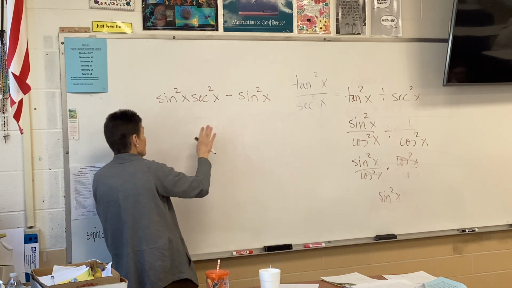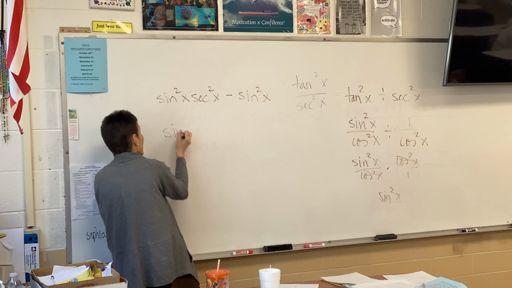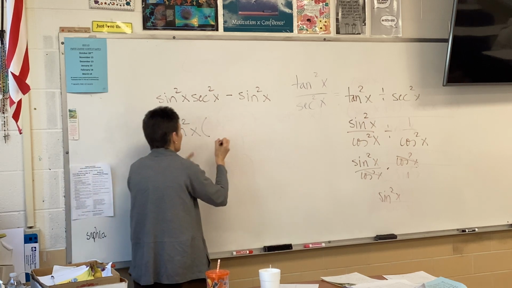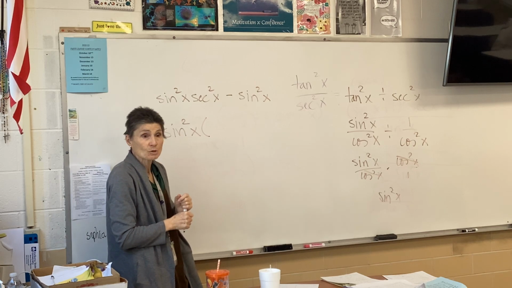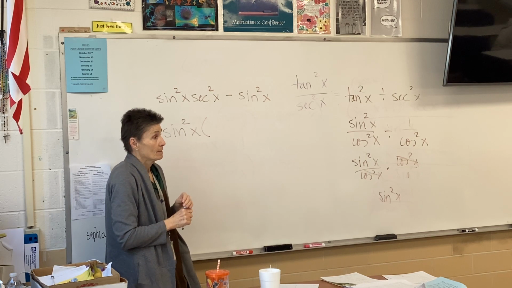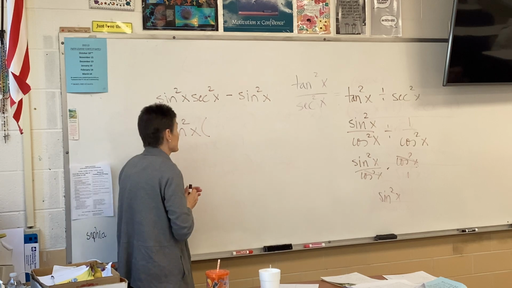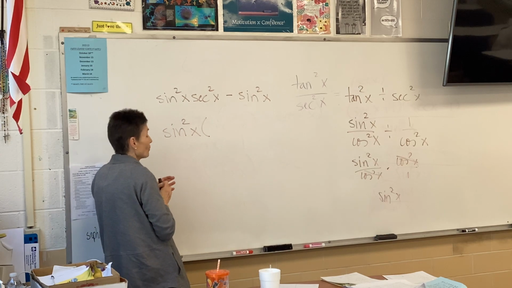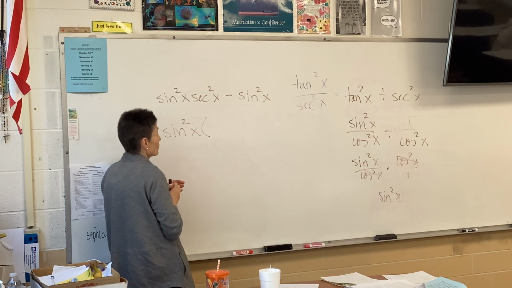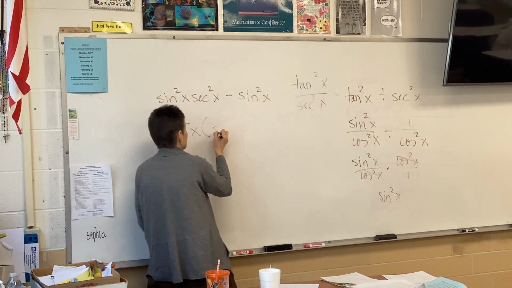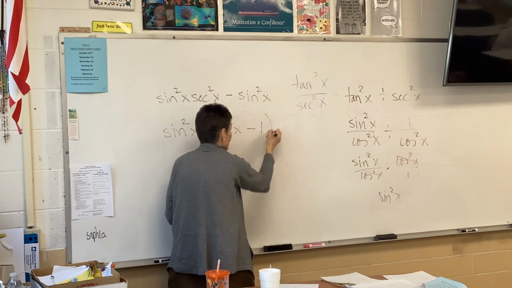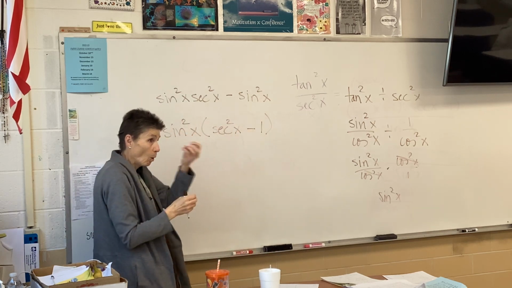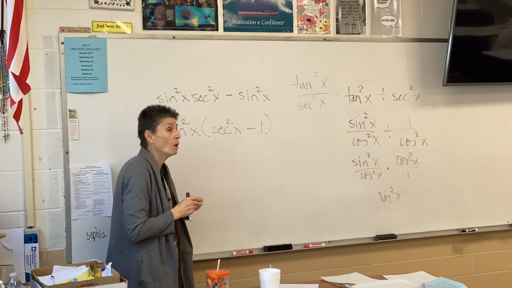But you can factor out a sine squared because both terms have a sine squared. Now what will be left in the parentheses if I factor out the sine squared? Secant squared minus 1. Remember, if you take out the whole term, you have to put a 1 in there.